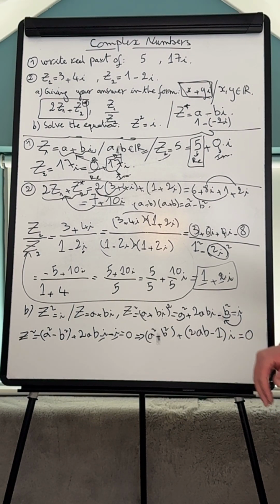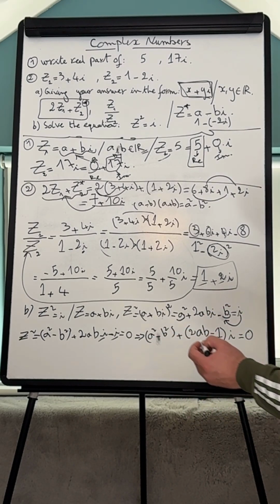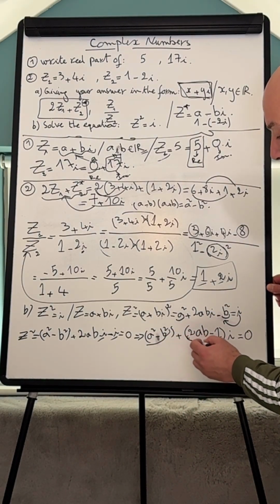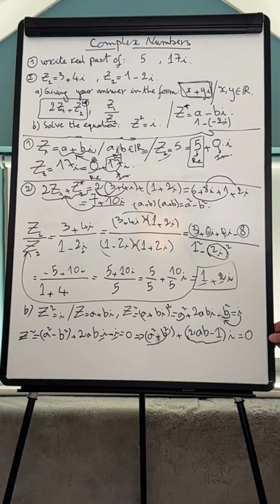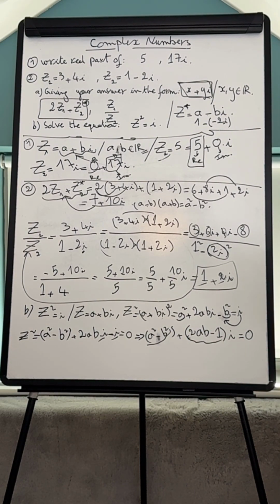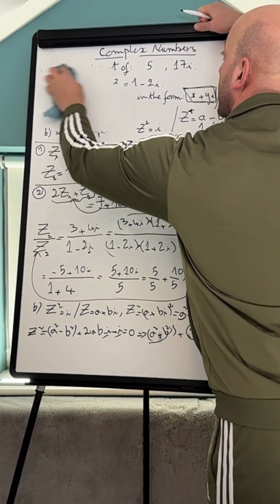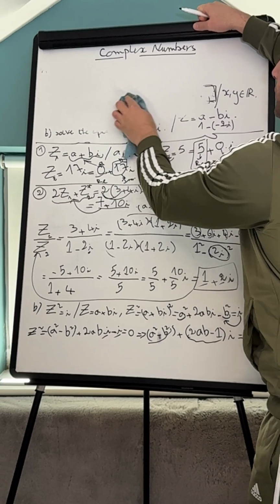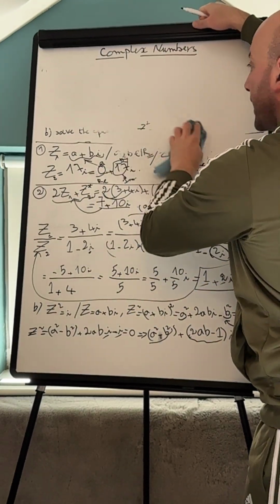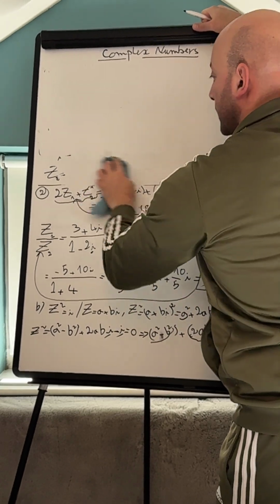Basically what we managed to do in here, we wrote it in terms of a plus bi equals 0. And now it's much easier to find what a is and what b is. I need just to clear the board here for you, because remember the question asks we need to find a and b.